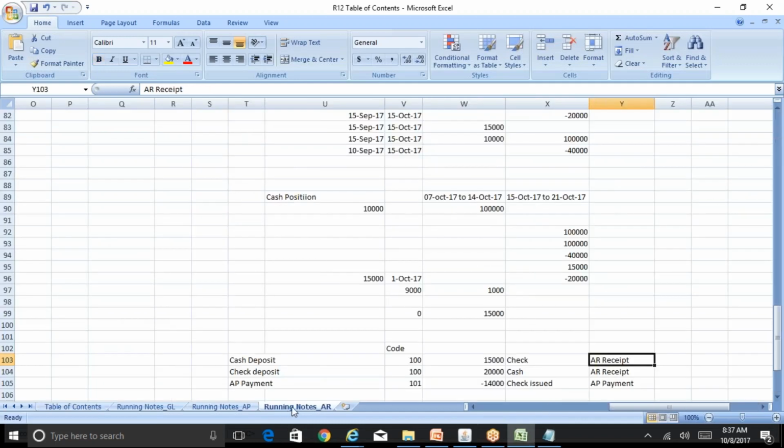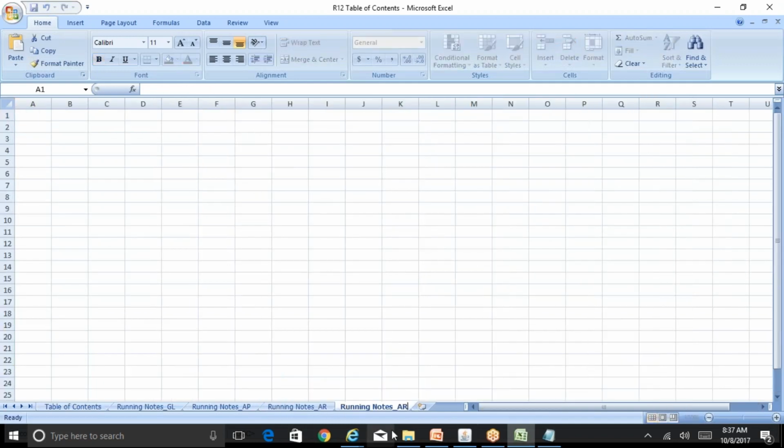Let me just open a running sheet for fixed assets. Take an example in your organization, your entire revenue for one financial year is say 100,000 rupees. Okay, your expenses is say 40,000 rupees.